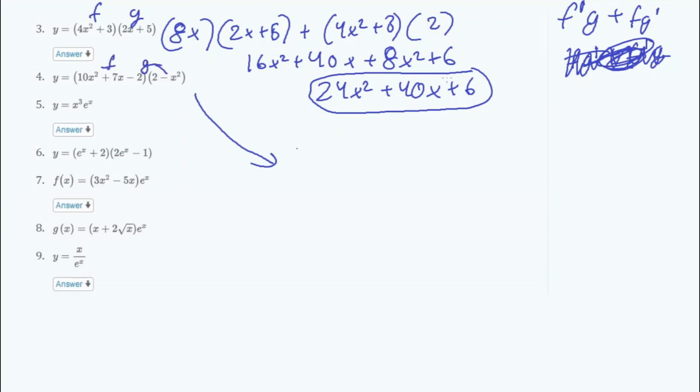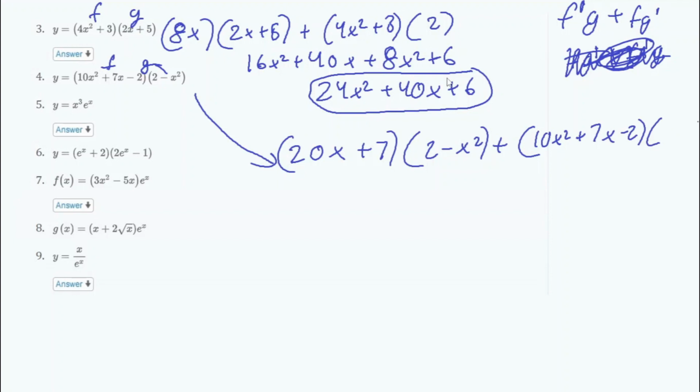So f prime is going to be 20x plus 7, and then g is going to be 2 minus x squared, plus f, which is going to be 10x squared plus 7x minus 2, times g prime, which is just going to be negative 2x. And now if we multiply all that out, we're going to have 40x minus 20x cubed plus 14 minus 7x squared.